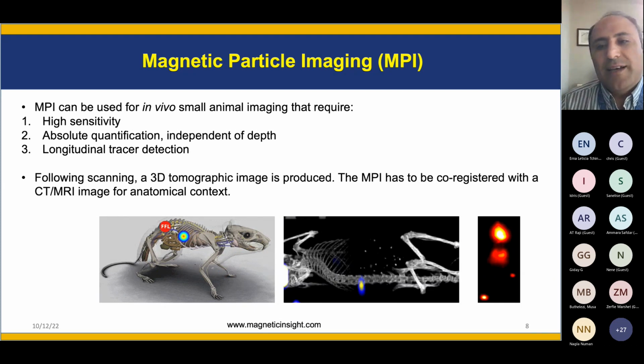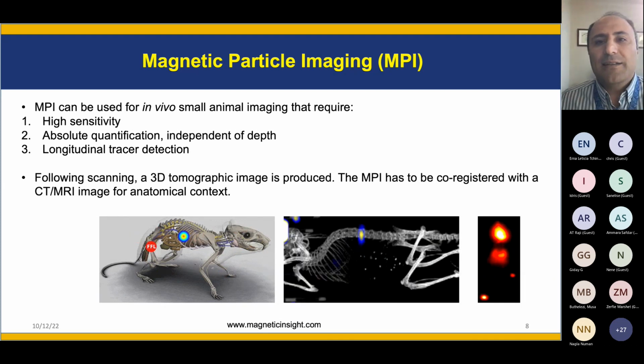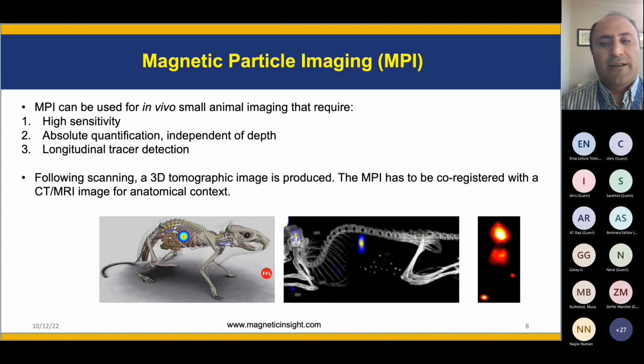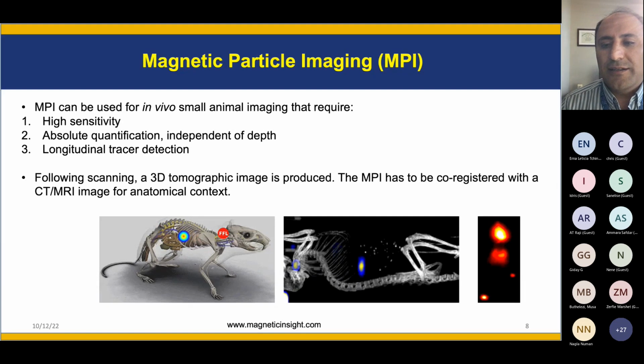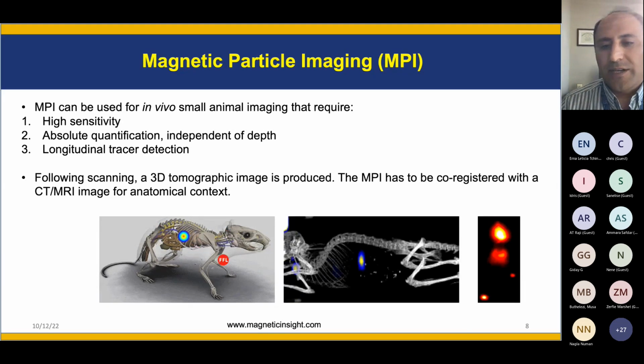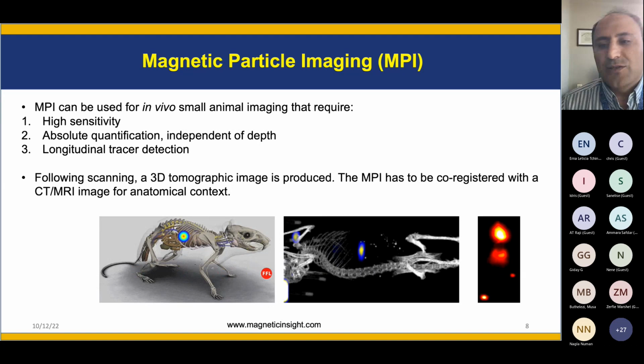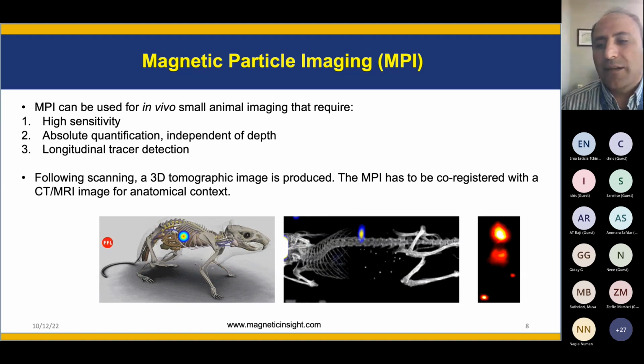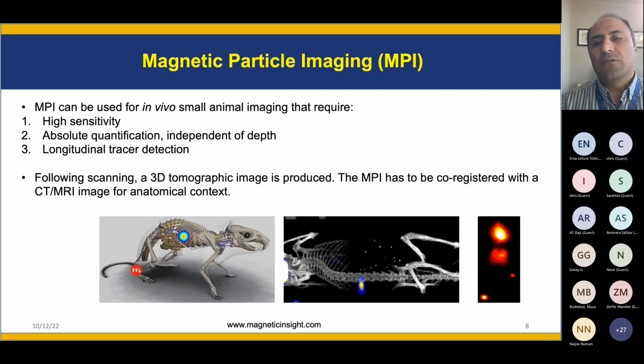This means that because we don't have any magnetic nanoparticle as background in our body, let's say this is an MPI of a mouse, okay? Wherever you don't have any magnetic nanoparticle, like here, you get no signal.